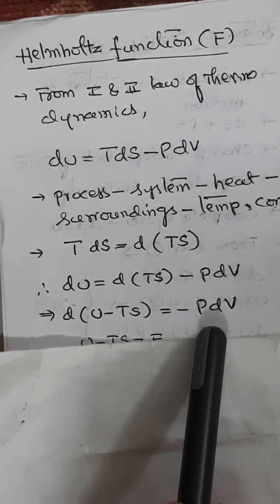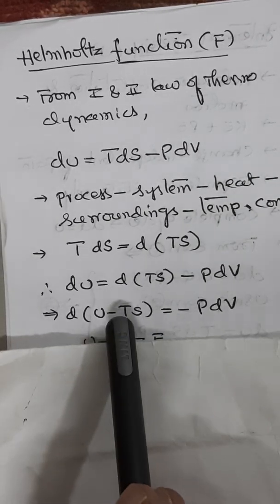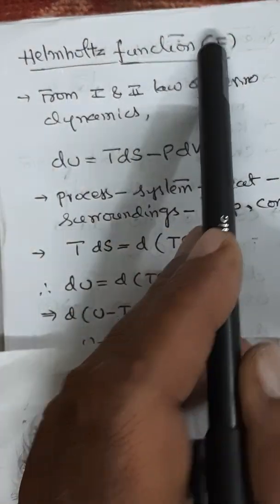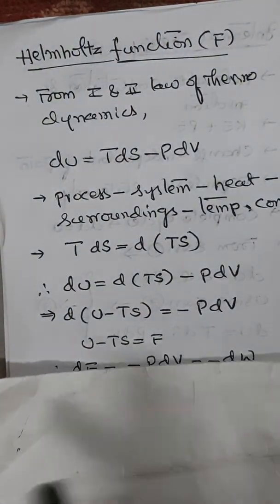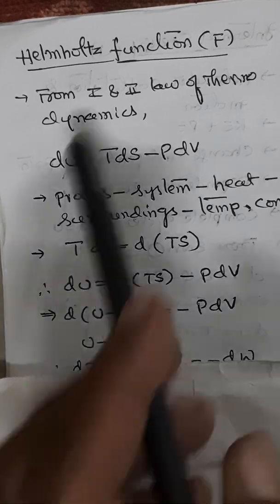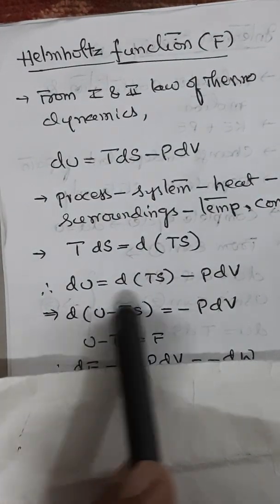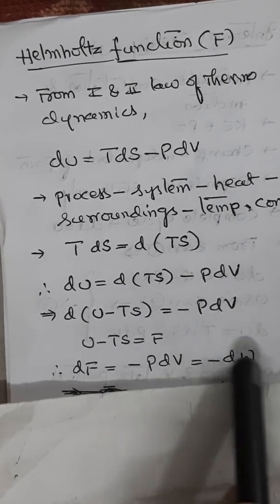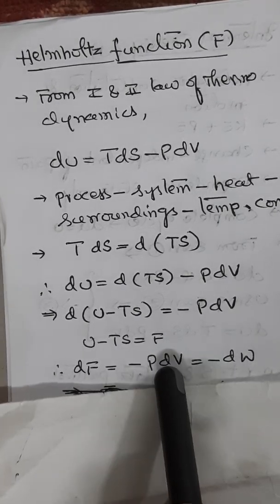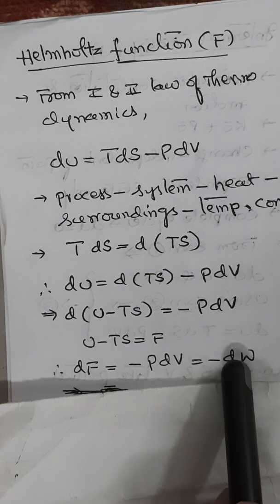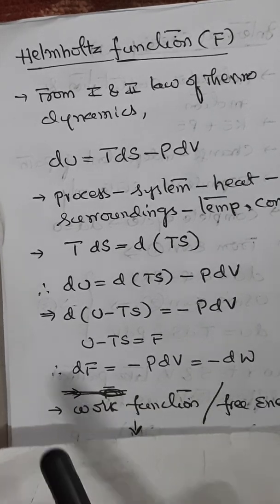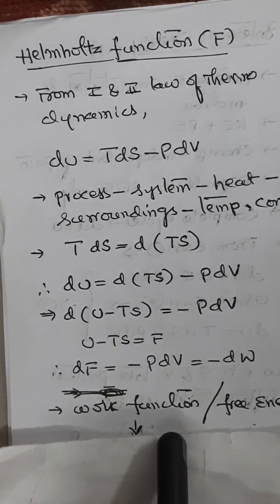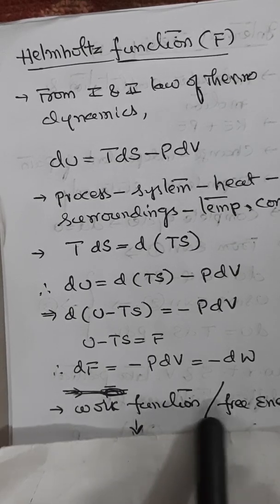Now this U minus TS is nothing but F, the Helmholtz function. So if U minus TS is taken as the Helmholtz function F, you can write this equation as dF equal to minus PdV. PdV is nothing but dW only. Therefore, minus PdV is equal to minus dW. So this is what is known as Helmholtz free energy or work function.